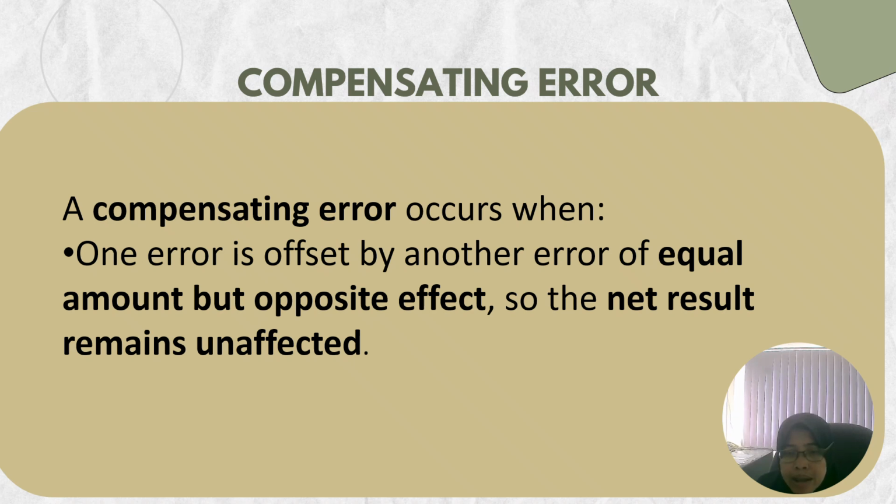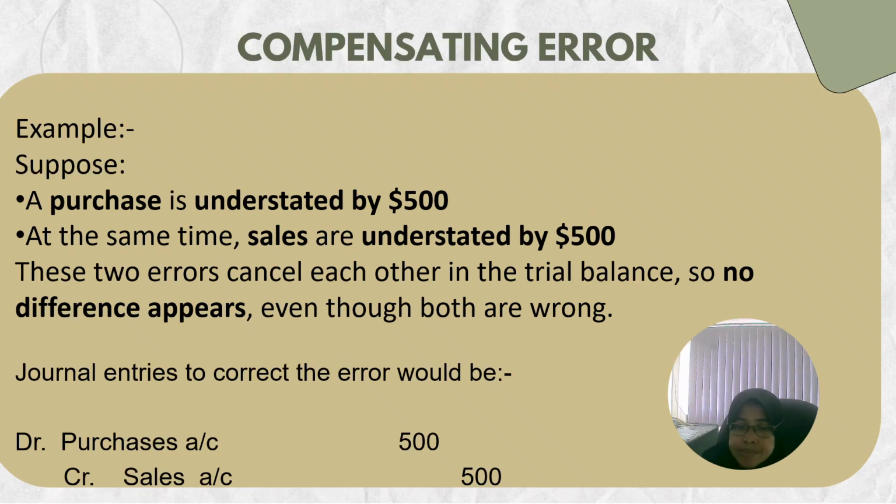Next we have compensating errors. Compensating errors occur when one error is set off by another error of equal amount but opposite effect, so the net result remains unaffected. Look at the example.